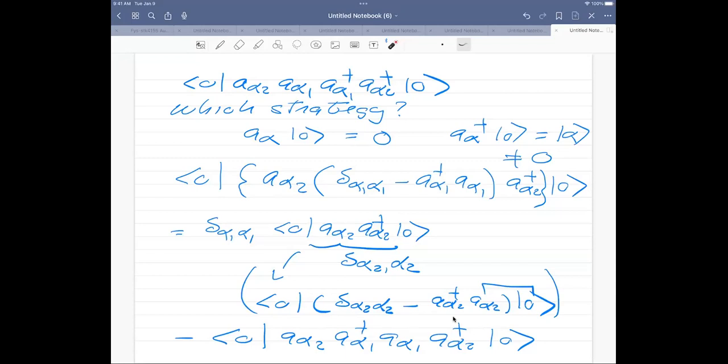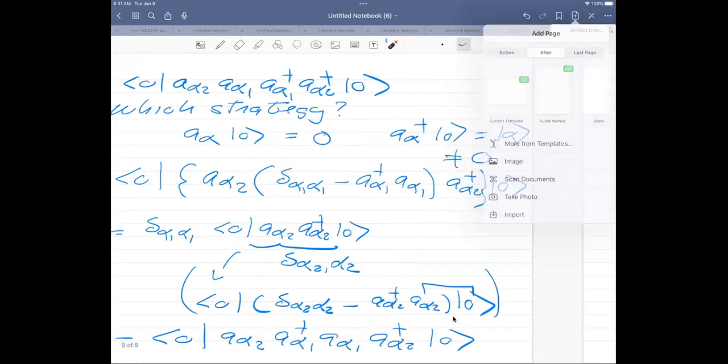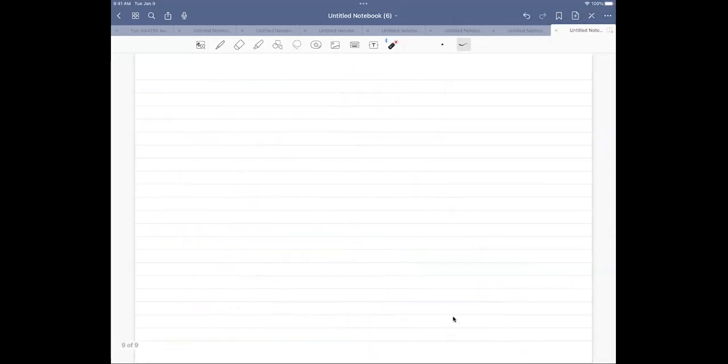So the last term which we get, so the first term is just a Kronecker delta. So the last term here gives us a minus, and then we have a 0, and we have an A alpha 2.